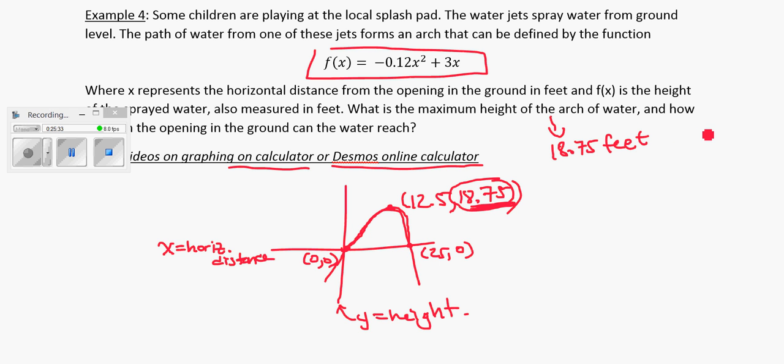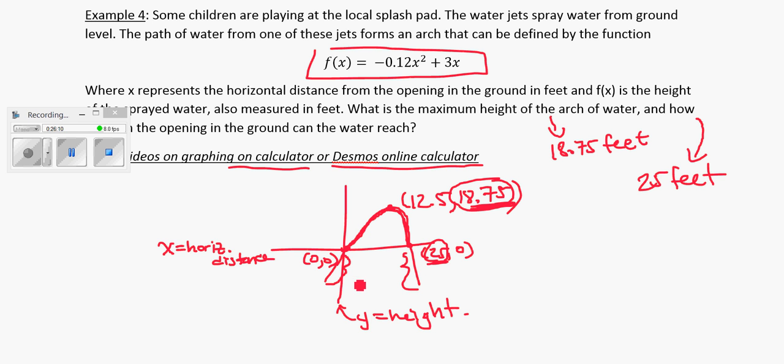And now how far can the water reach? That's going to be our horizontal distance. So we're going to need to look at this right here, so 25 feet. And that's because our x-axis represents the horizontal distance. So we're going to take the greatest horizontal distance that x can be, which is 25, because this motion here keeps going, but this portion doesn't really make sense, because 0 represents the height, which is the ground.